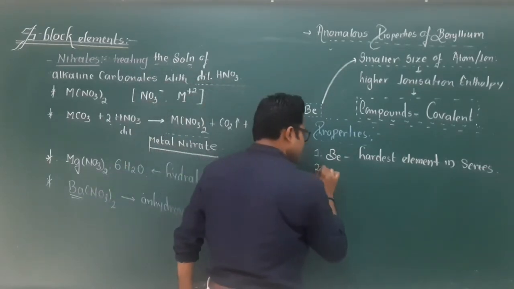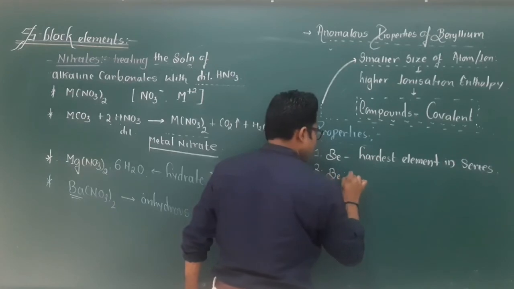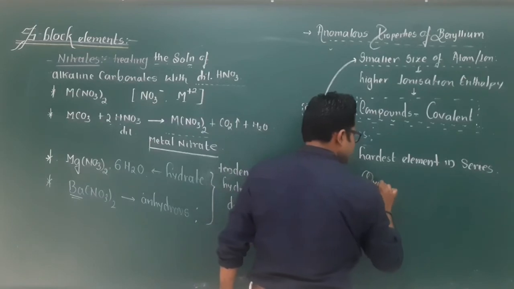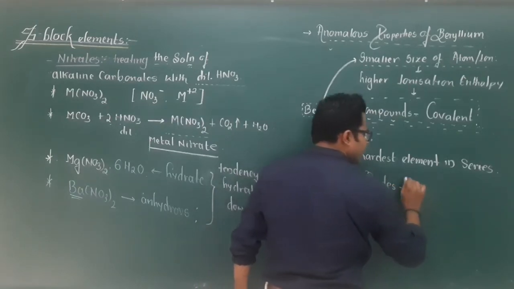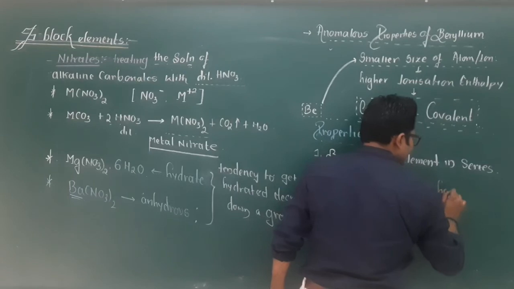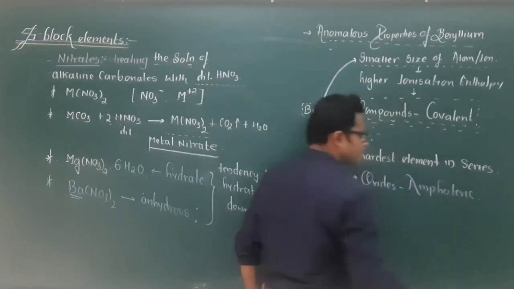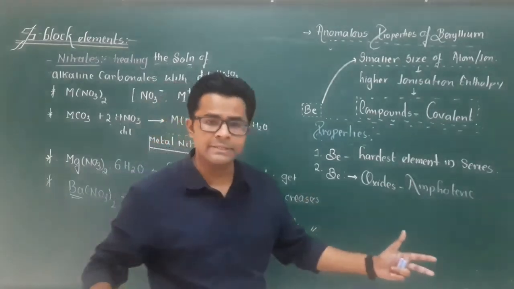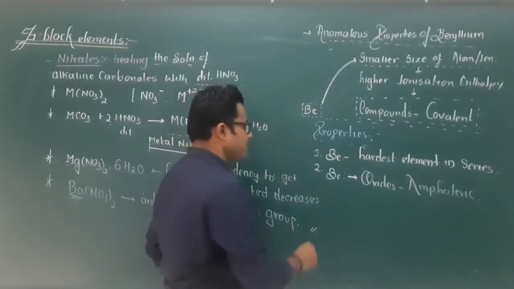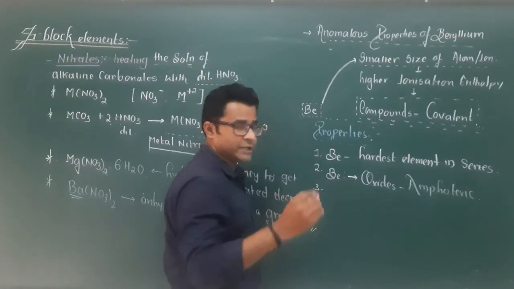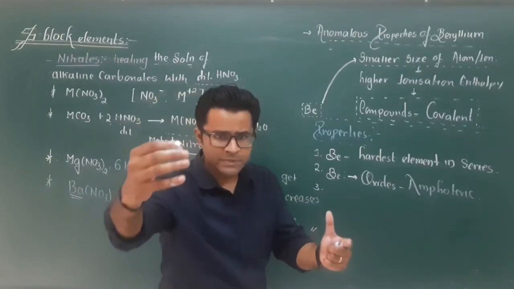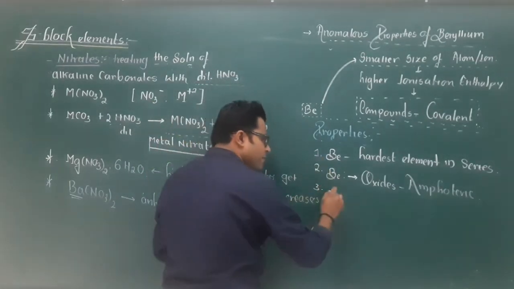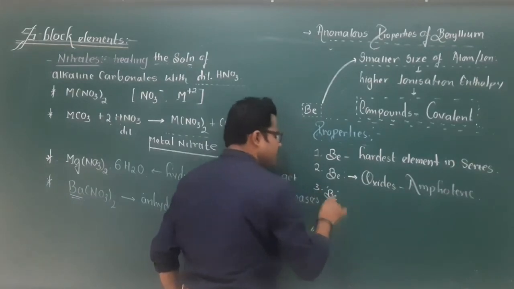The second thing we have to understand is that beryllium forms oxides which are amphoteric in nature, while the other elements' oxides are basic in character. The third point is about coordination, the number of atoms it can have beside itself, the number of bonds it can form.